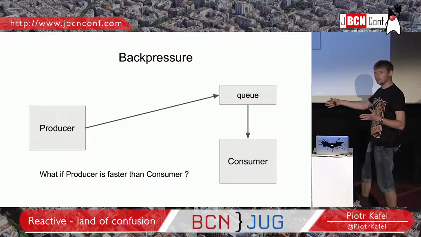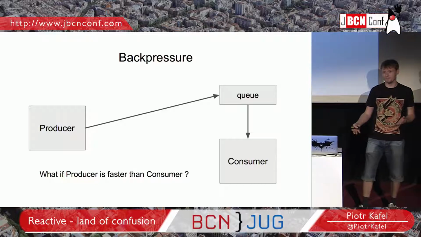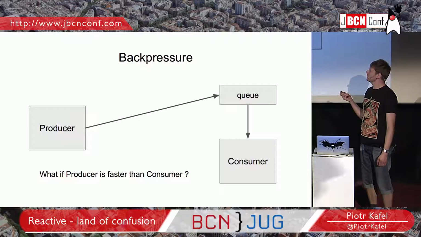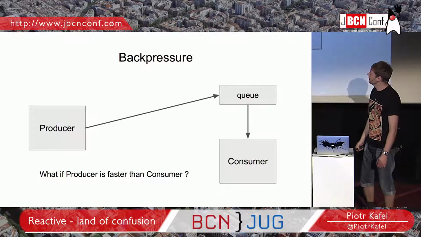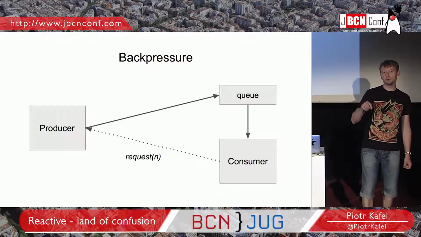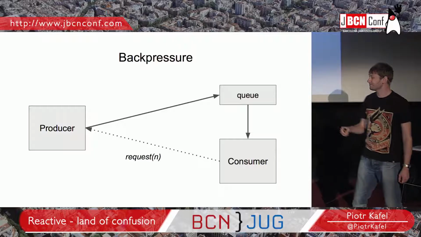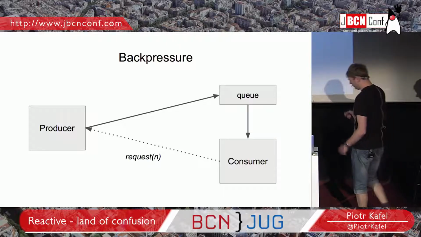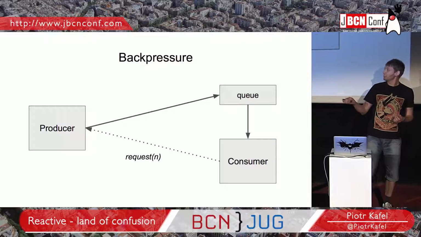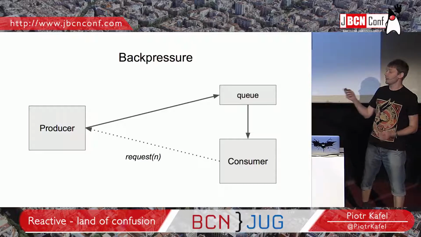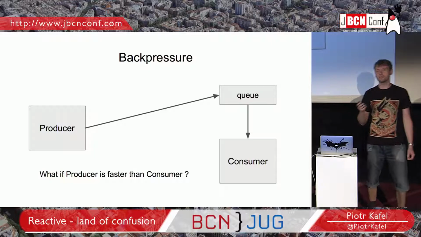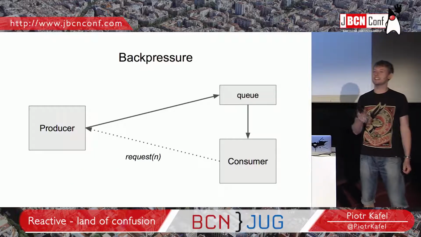You can expand your queue, but that will not work either. So how are reactive streams tackling this problem? They give the consumer the possibility to request a specific number of items. And if you think about it, that's pretty great, because here you have a push model. Here, actually, you have push-pull, because you can decide.